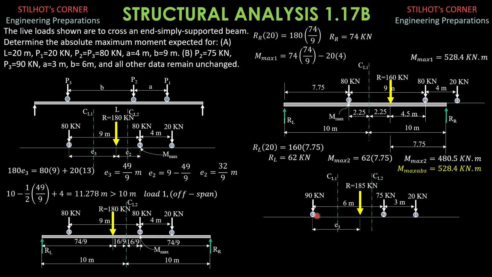If the maximum moment occurs under load 3, we assume here that load 1 will be still on the span. Then by Varignon's theorem, 185 times E sub 3 equals 75 times 6 plus 20 times 9. E sub 3 therefore is equal to 3.4054 meters.